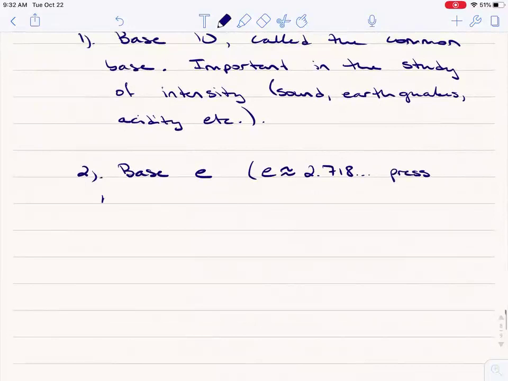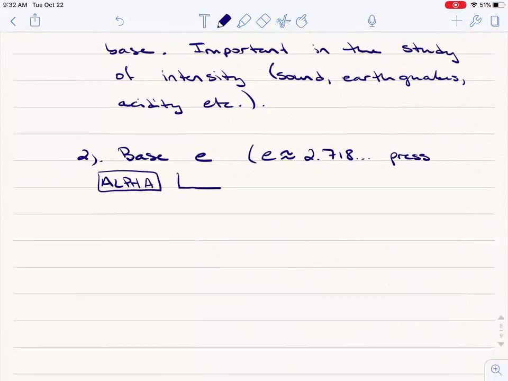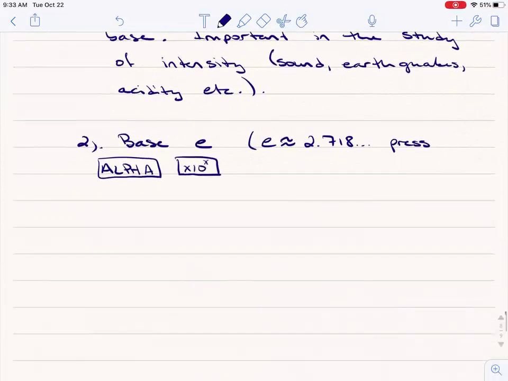Press alpha, and then the times 10 to the power of x on your calculator.